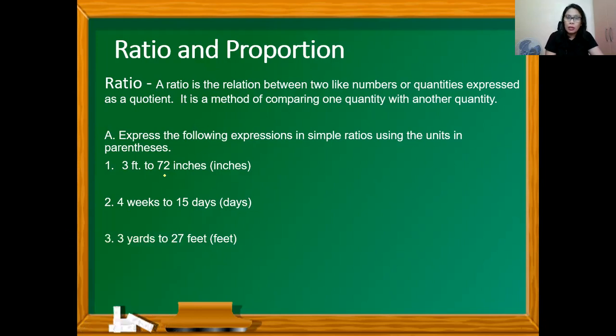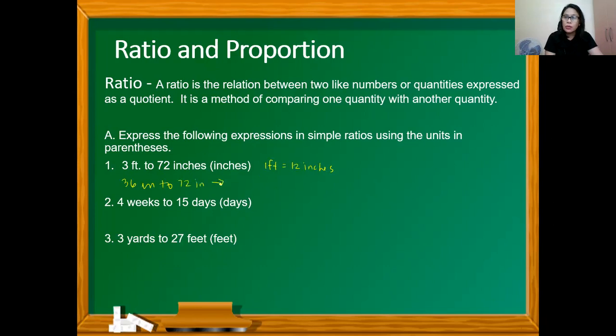Take note that 1 foot equals 12 inches. So 3 feet is converted to 3 times 12, so this would be 36 inches to 72 inches.